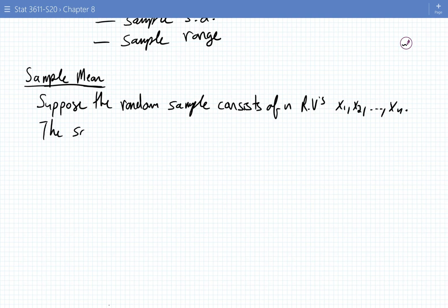Then the sample mean, also called the sample average, we denote this with x bar.